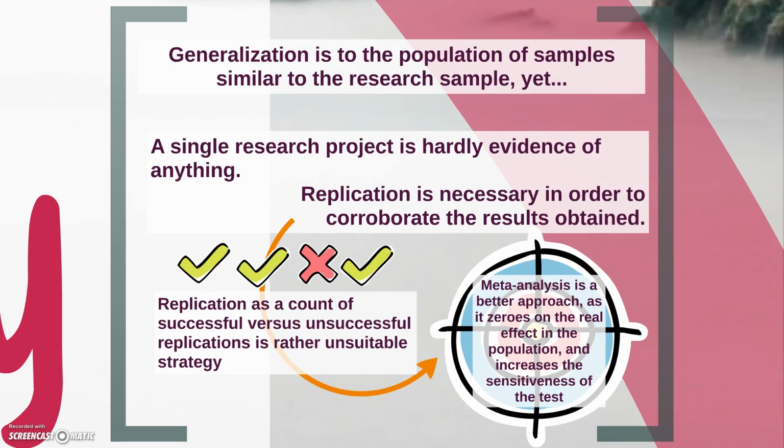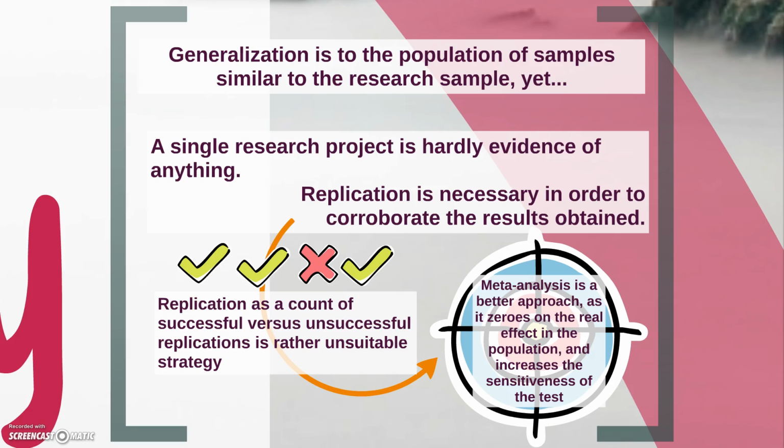Now again, we need to consider that the null hypothesis has been created as a standard for the particularities of the sample you are using. Therefore, if you get a significant result and you want to generalize, this generalization is to a population of samples similar to your research sample.